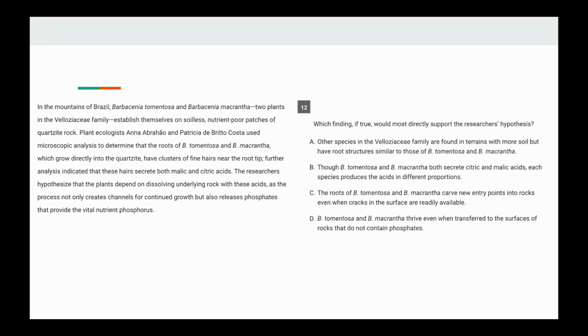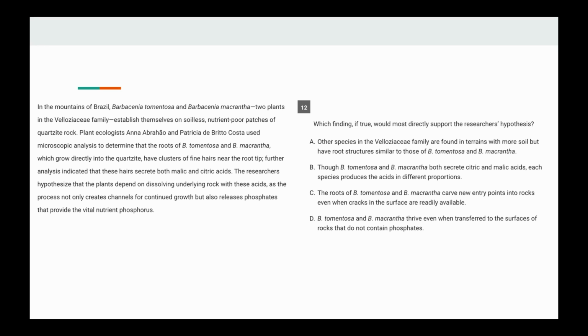It doesn't have many nutrients. Plant ecologists Anna and Patricia used microscopic analysis to determine that the roots of tomentosa and macrantha, which grow directly into the quartzite, have clusters of fine hairs near the root tip. Further analysis indicated that these hairs secrete both malic and citric acids. So they have some hairs on the roots which secrete malic and citric acids.